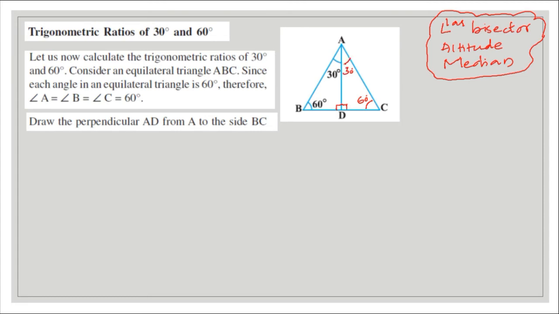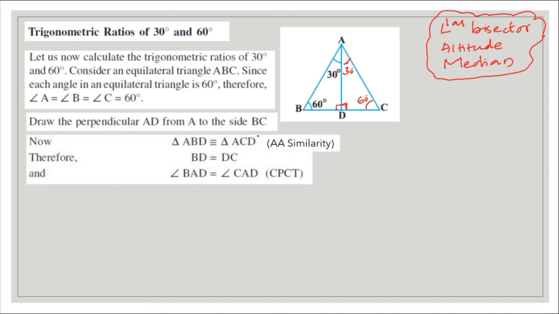If you consider this angle and the side, it becomes ASA criteria. Therefore, the triangles are congruent to each other, either by AAS criteria or ASA criteria of congruency. When the triangles are congruent, BD will become equal to DC, and angle BAD will be equal to angle CAD. Both are CPCT.